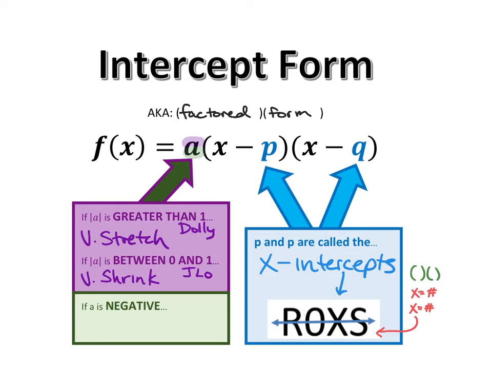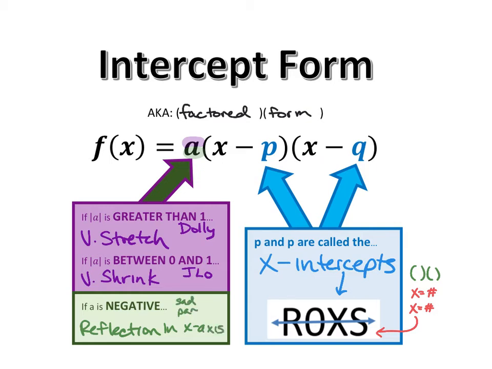This next little piece that's written in green is so important because we're going to be able to eliminate answer choices on, let's say, a STAR test, knowing whether the parabola should be positive or negative, and that has everything to do with a. If that a value is negative, this should be reflected in the x-axis, which means we'll have a sad parabola.